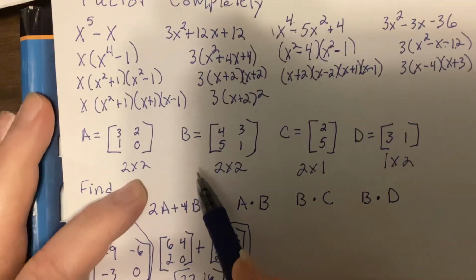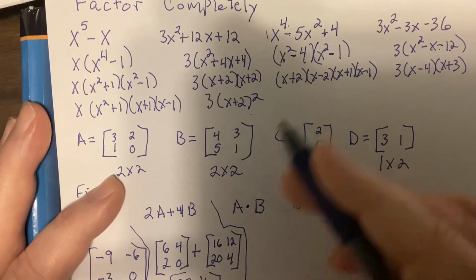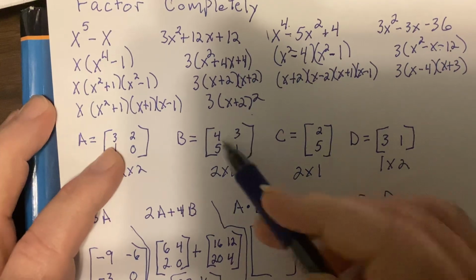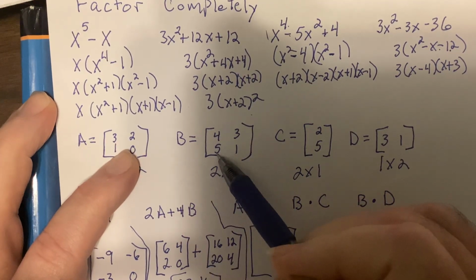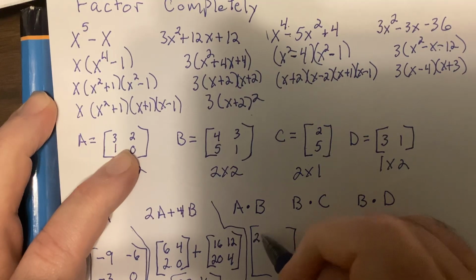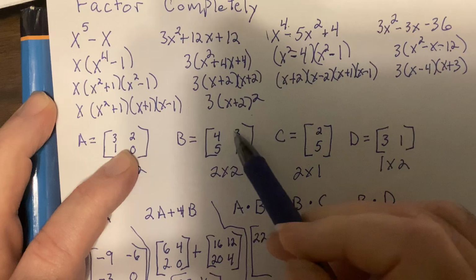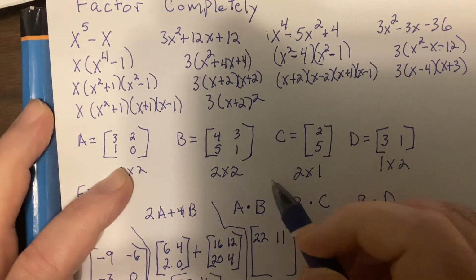They are, so I can multiply it. So it'd be 3, 2, 4, 5. So that'd be 12 plus 10. 2 times 5 is 10. So that's 22. And then 3, 2, 3, 1 would be 9, and 2 is 11.